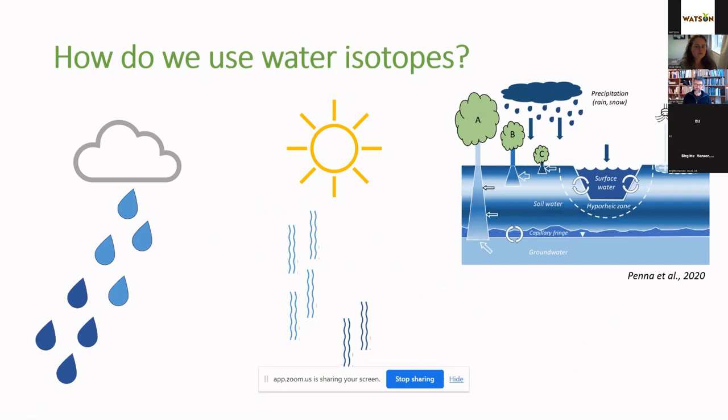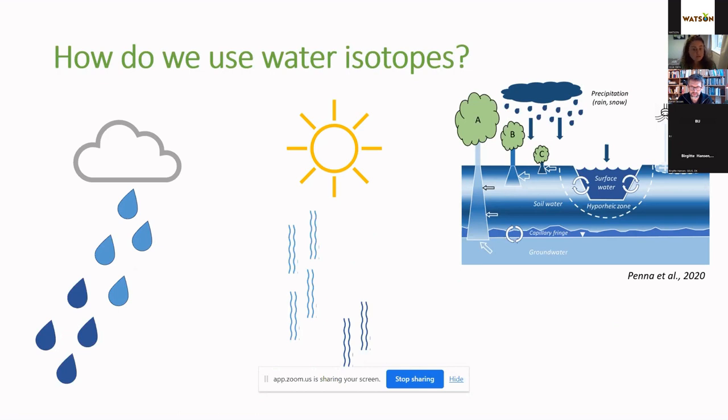So some of the processes that determine the ratio of the heavier and lighter isotopes involve rainfall, where relatively more of the heavier isotopes fall earlier in a rainfall event, and conversely during evaporation, the lighter isotopes go back into the atmosphere first.